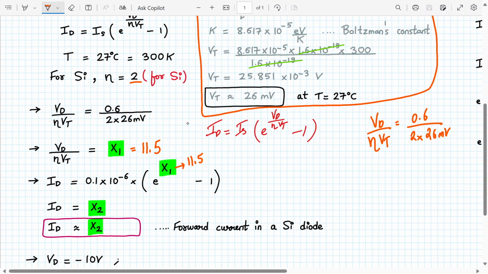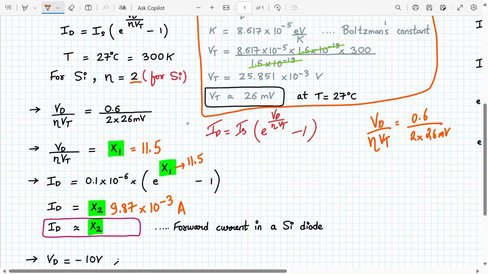So calculate ID: 0.1 micro into e raised to 11.5 minus 1. 9.87 into 10 raised to minus 3 amperes, right?